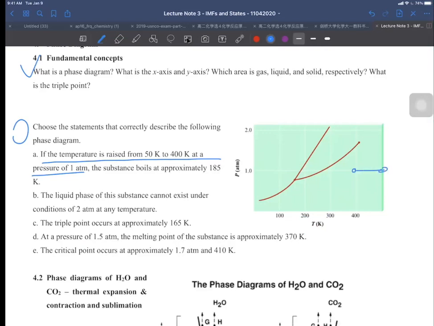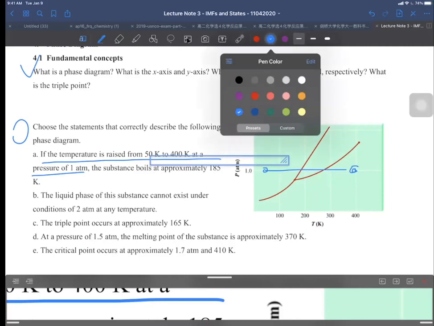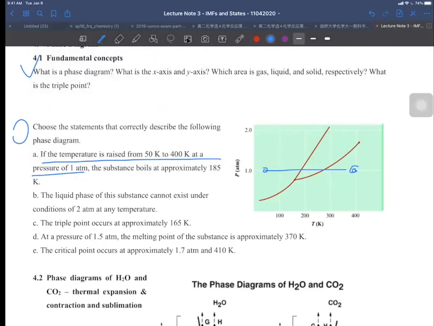Sorry, it's from here to here. I made a mistake. The substance boils at approximately 185 Kelvin. Is this correct?